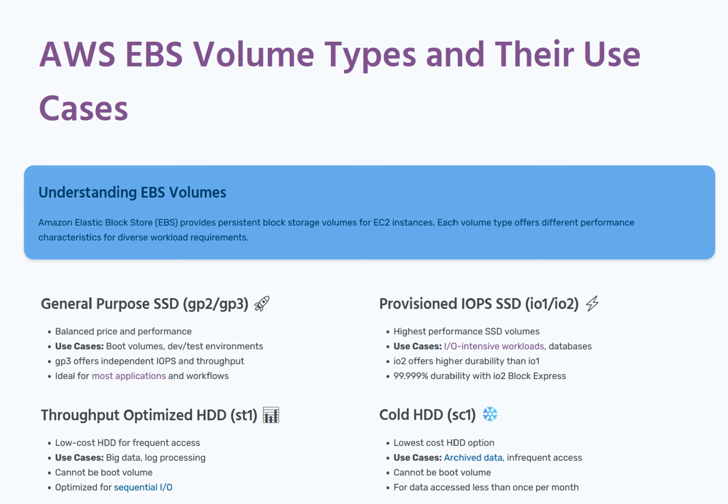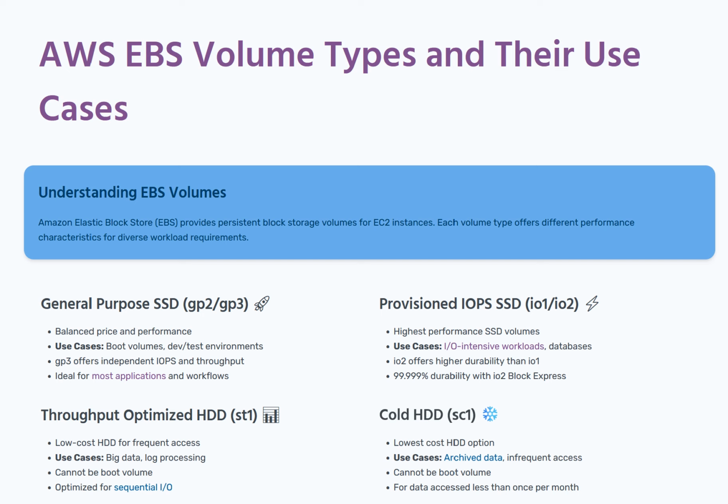And throughput means, let's say, 5,000 MB per second transferred into the storage.